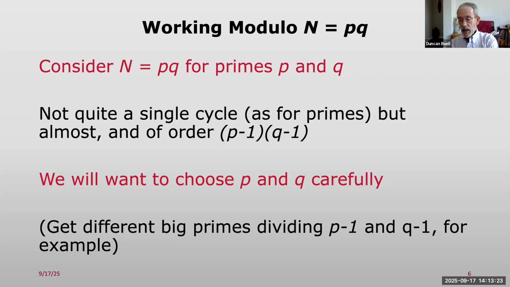So you would like to have p-1 and q-1 both having a large prime divisor. So if p and q are 2048 bits, p-1 is going to be 2048 bits. You would like at least a 2000-bit prime dividing p-1 and q-1, just to make sure that you really do get this big cycle.